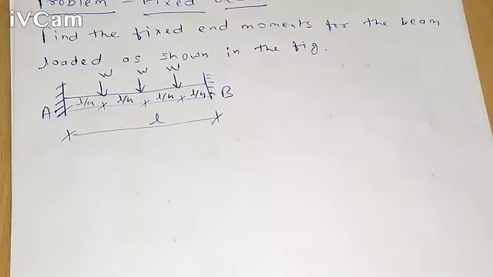So in this problem, first of all, we consider this as a simply supported beam subjected to external loading, and then we will remove the external loading. And only for the fixing moment, we have to draw the bending moment diagram.